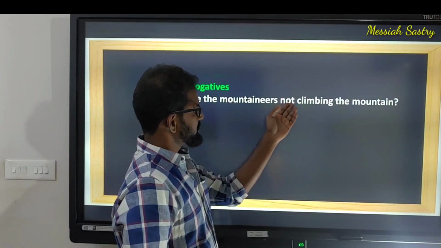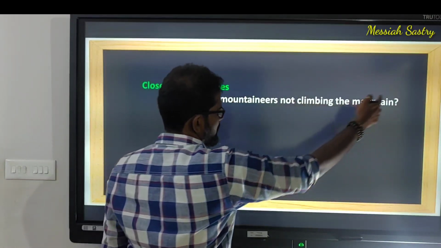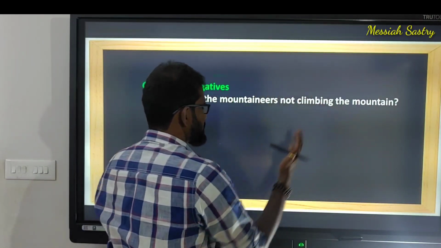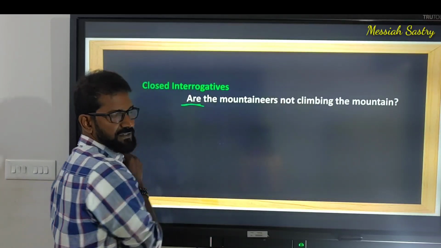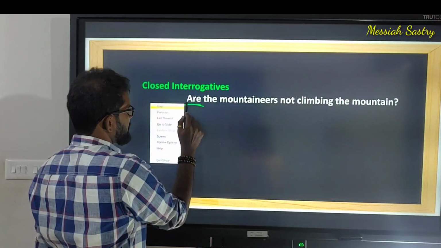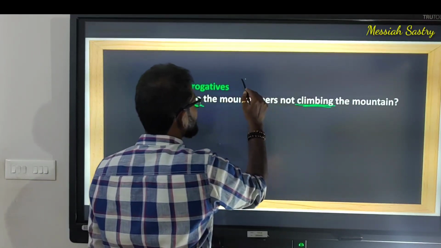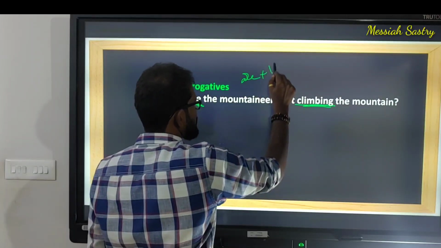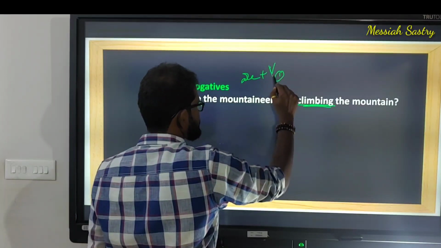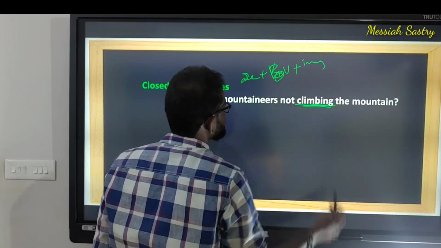Are the mountaineers not climbing the mountain? Being an interrogative sentence, we need to search for the verb here. Verb phrase: are climbing. Are plus base form of the verb plus ing.